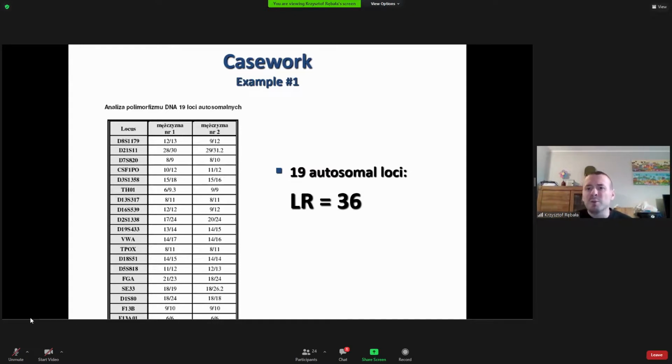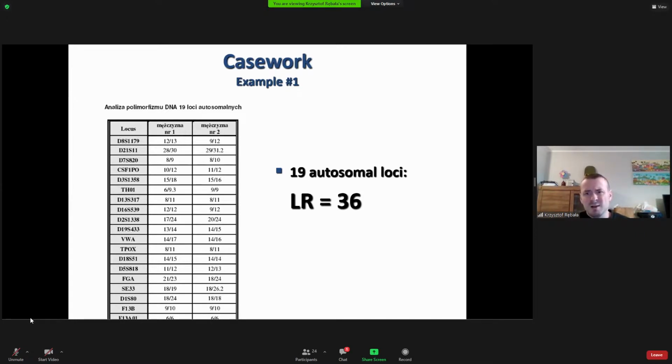So of course we have to compute the likelihood ratio, which told us that it was 36 times more likely that these two men were half brothers than that they were unrelated. But 36 is not strong evidence. We need stronger evidence than 36.